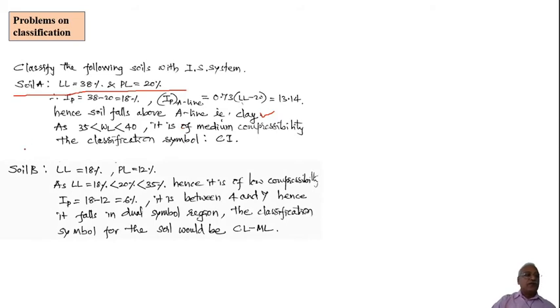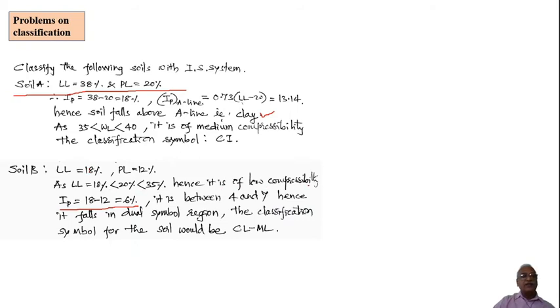They have given soil B, liquid limit 18, plastic limit 12. As usual, I'll calculate IP. It is only 6%, and the liquid limit is 18%, which is lesser than 20%.